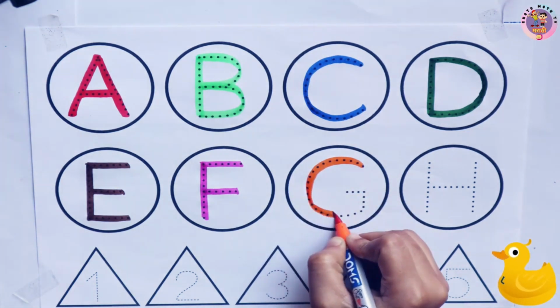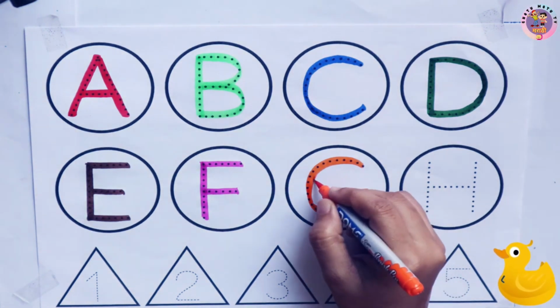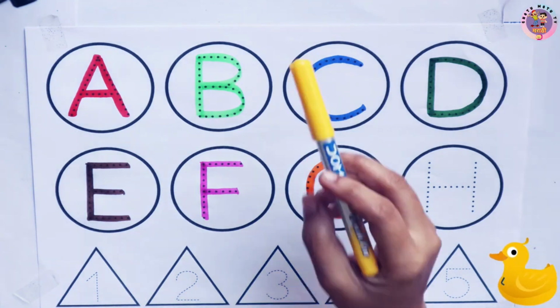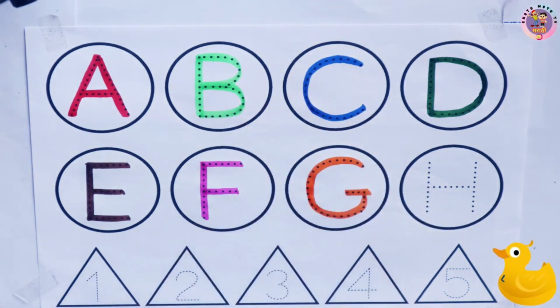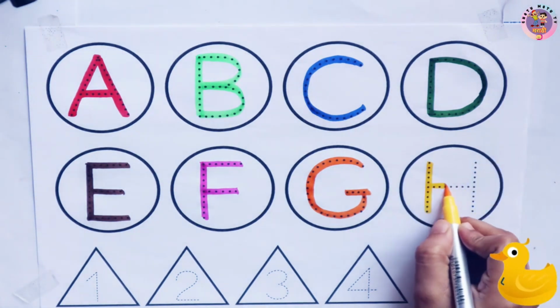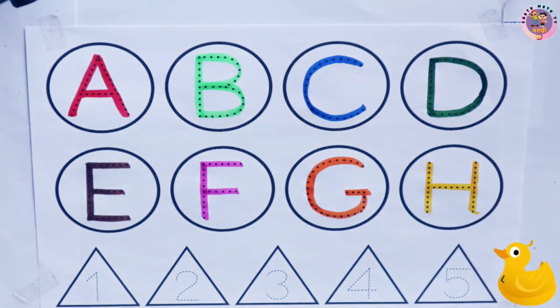G for girl. Yellow. H for hen. Violet color.